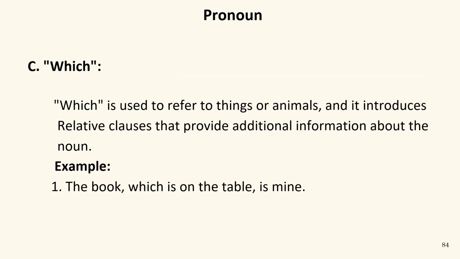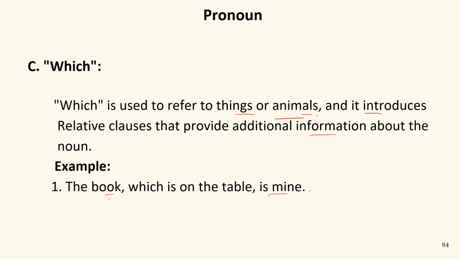Now we have the word which, which is used to refer to things or animals and introduces relative clauses that provide additional information about the noun. The book which is on the table is mine. Now book is a non-living thing. So the book which is on the table means I'm talking about the book which is lying on the table. That is mine. That's why we have used which. Which is also used for animals.